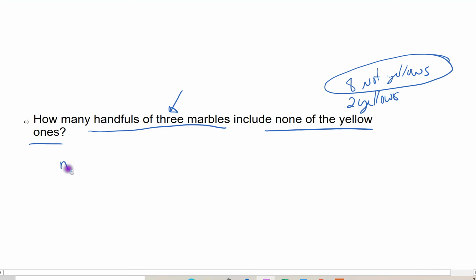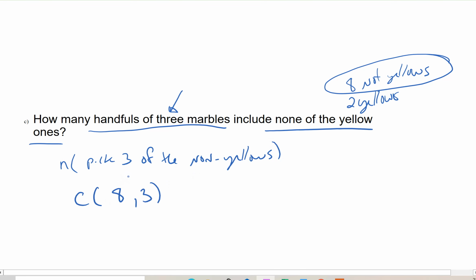And so number of ways to do this is I want to pick 3 of the non-yellows. Well, that's combination. Pick 3 out of the 8 marbles that are not yellow. Alright, there are 8 marbles that are not yellow. But you do 8, choose 3 in your calculator. So remember, 8 combination, choose 3.